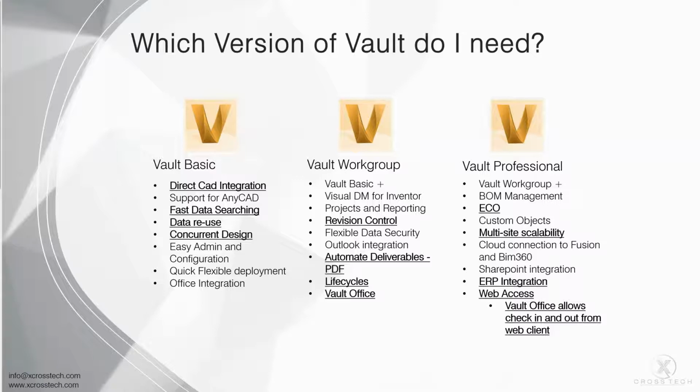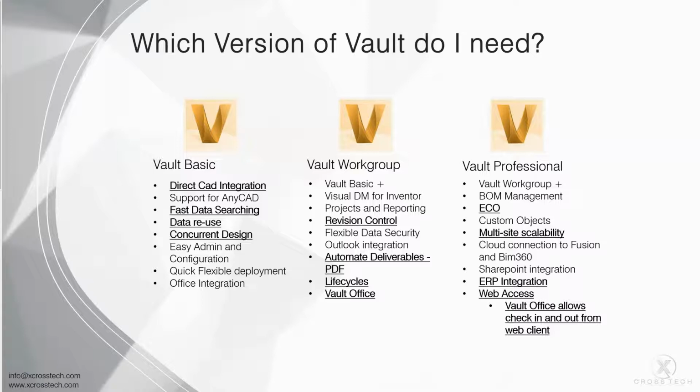Now, Vault Office is, I'm going to call it a cut down version of Vault. It gives you everything that your Vault Workgroup or your Vault Professional can give you, except you cannot check out and modify CAD documents. So DWG files, IPT, IAM, IDW files, essentially giving you full access for non-CAD users into Vault, so they can be involved in the approval process.